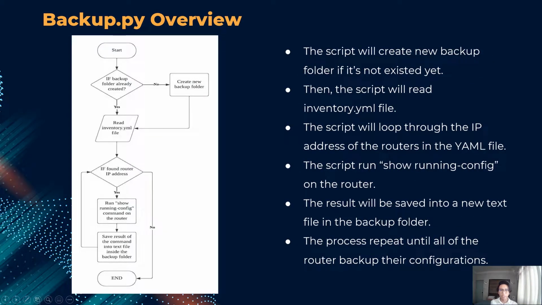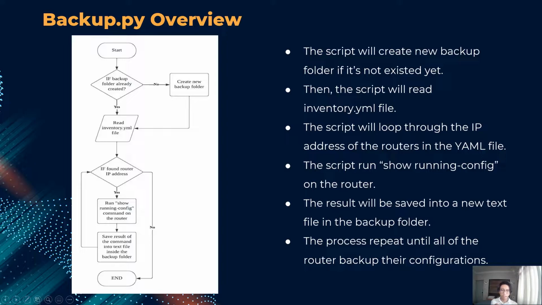Then I will explain the flow of the backup.py script. Firstly, the script will determine whether the backup folder already exists or not. If not, it will create a new backup folder. After that, the script will also read the inventory.yml file to get the IP address for each of the routers. Then the script will connect to the router.